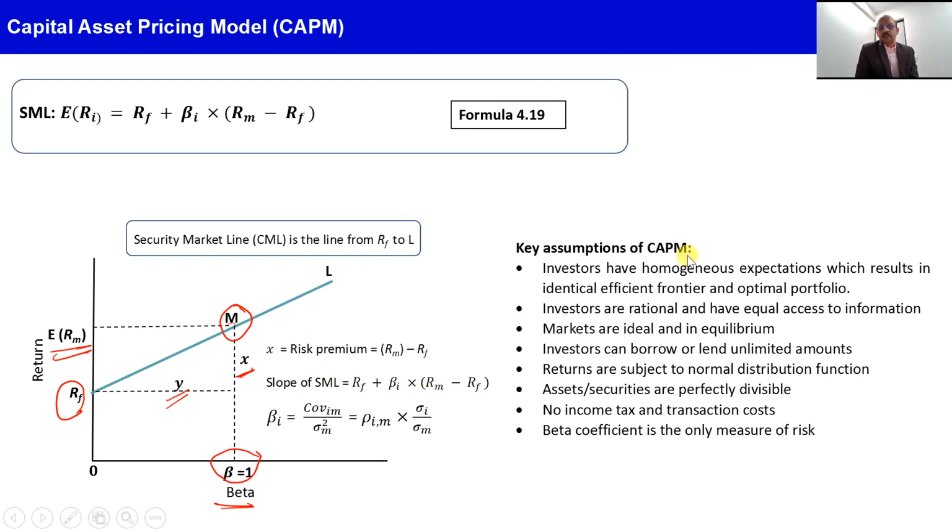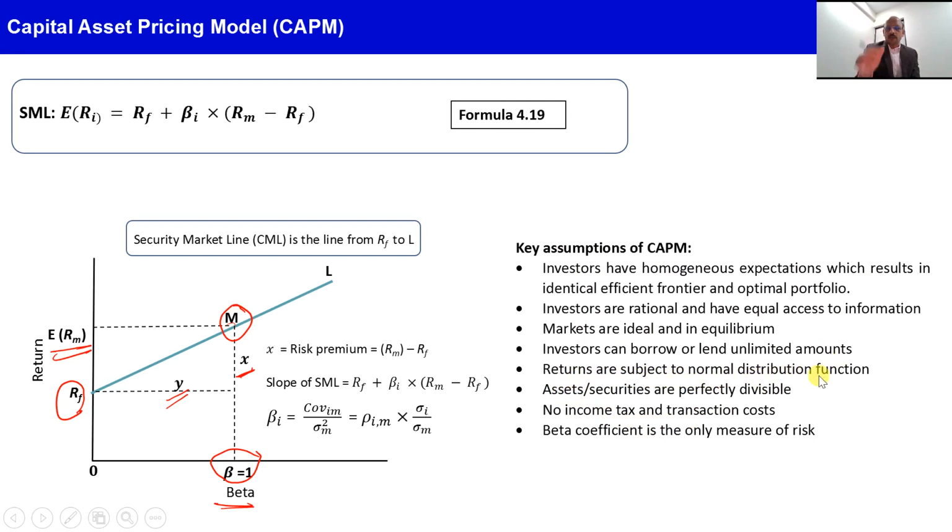There are certain key assumptions of the CAPM model on which it works. Investors have homogeneous expectations, investors are always rational, and they have equal access to all the information. Markets are always in ideal conditions and equilibrium. Investors can borrow and lend unlimited amounts from the market. Returns are subject to a normal distribution curve.